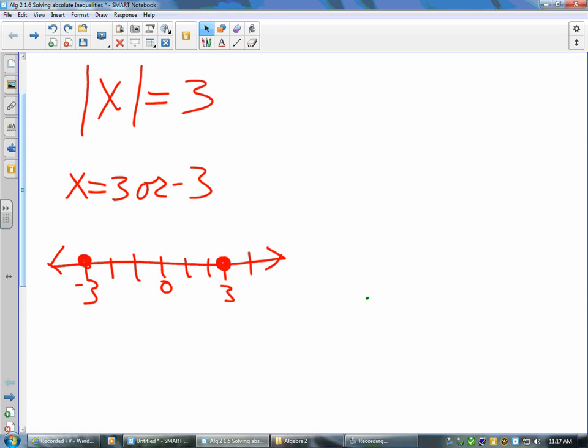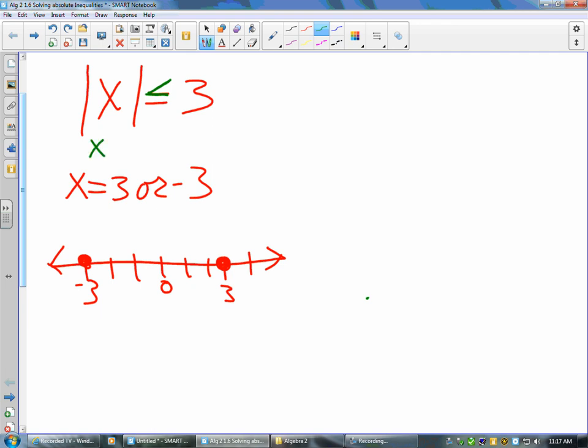Now what happens if we change this so that it becomes an inequality sign? If the absolute value of x is smaller than or equal to 3, what changes? What's the difference? Well, we know from solving these that we come up with two cases.